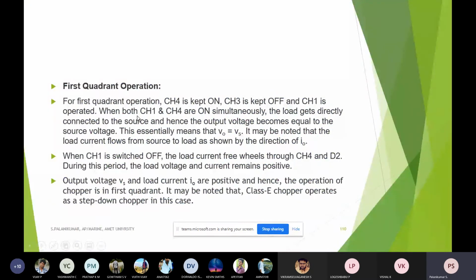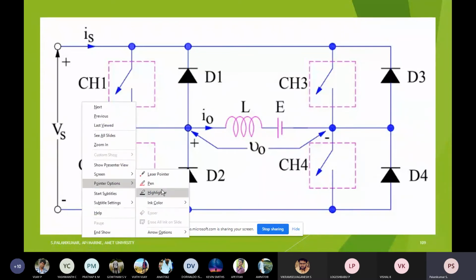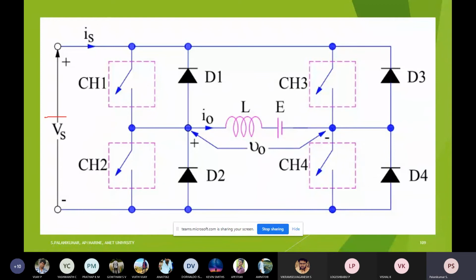When both chopper 1 and chopper 4 are on simultaneously, the load gets directly connected to the source and hence the output voltage becomes equal to the source voltage. Whatever the source voltage is, that is what appears across the load.